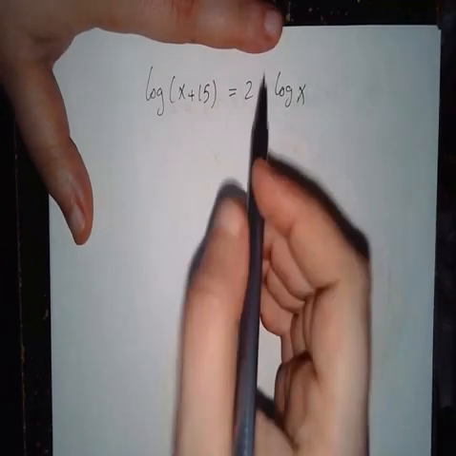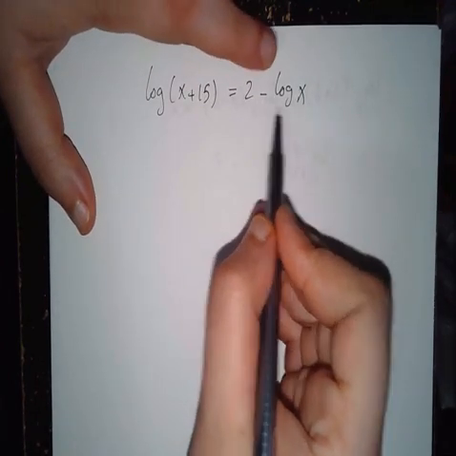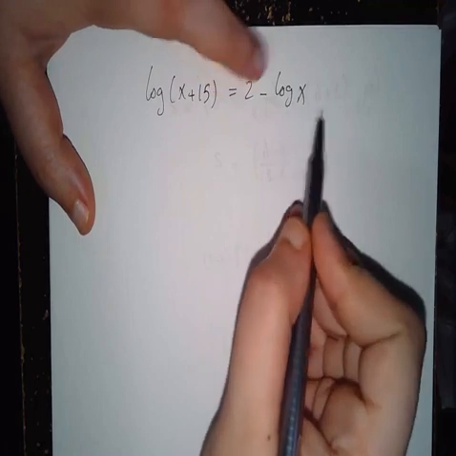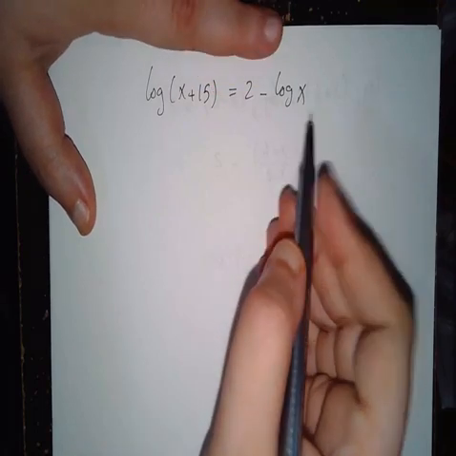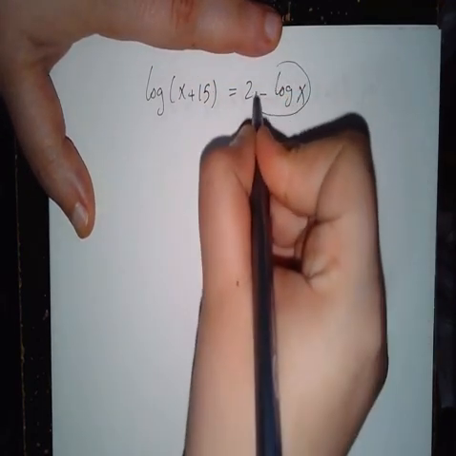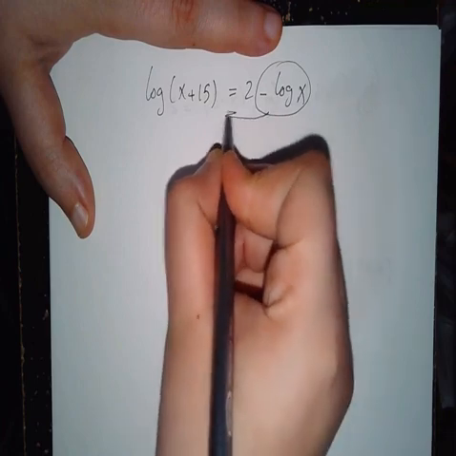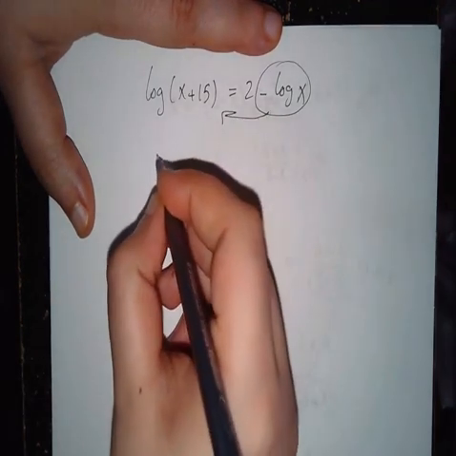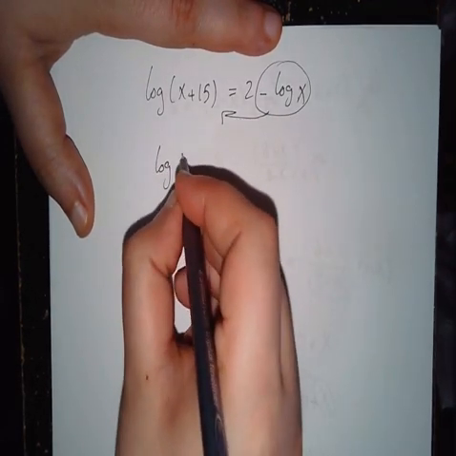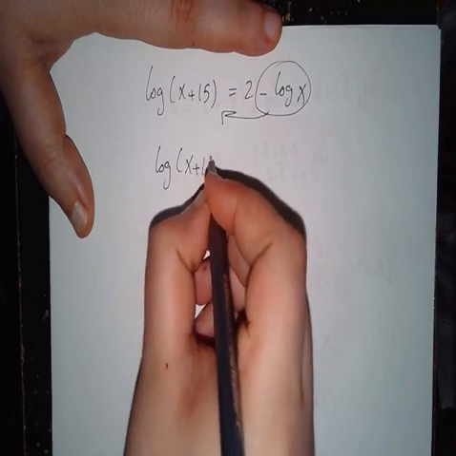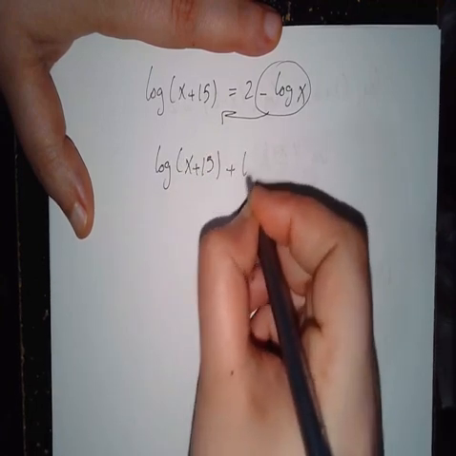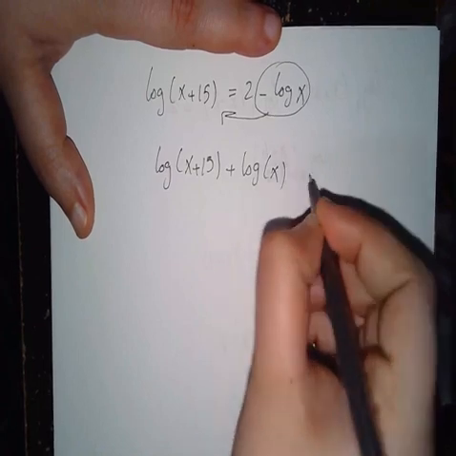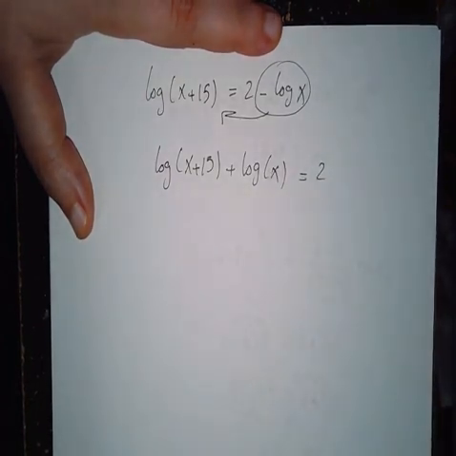Now, I have 2 minus a log, so a number minus a log. That actually complicates things. So the easier way to solve this would be to move the log to this side. So I'm going to get log of x plus 15 plus log of x, and the whole thing equals 2.